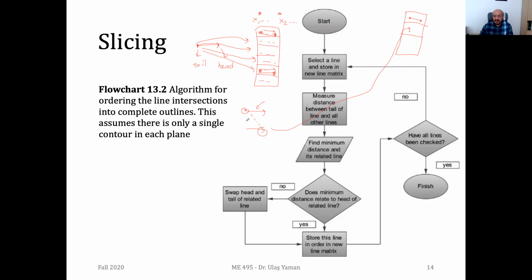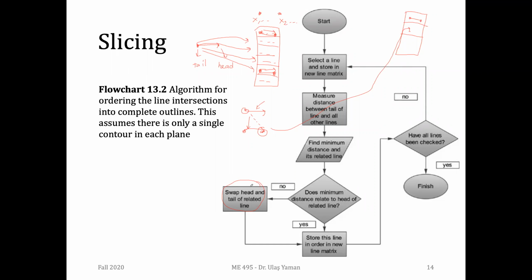Yep. We are checking not only the tail, we are also checking the head. If you find that this one is better, you can do some swapping operation. You may swap the head and the tail, as you see here. Anladım. In such cases, you may switch the head and the tail.